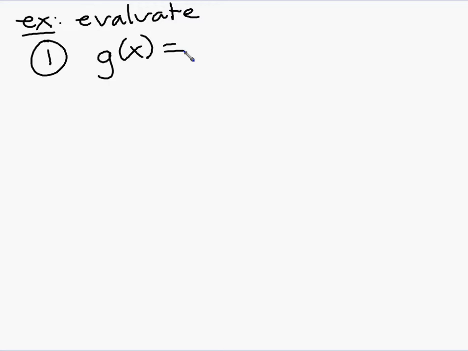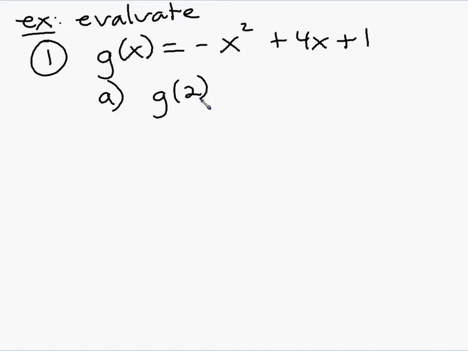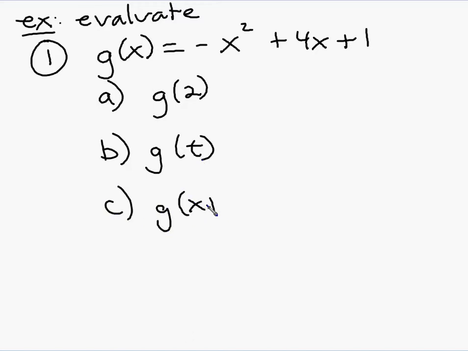G of x equals negative x squared plus 4x plus 1. And then they're going to give you some values, like: find g of 2, find g of t, find g of x plus 2. I'm going to go through all three of these because all three bring up a different situation.